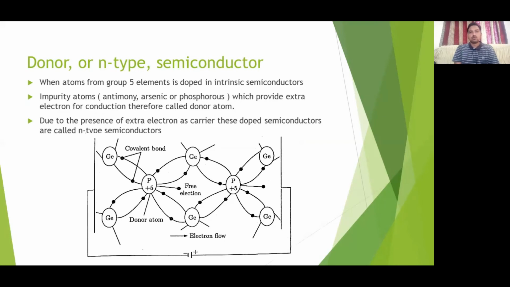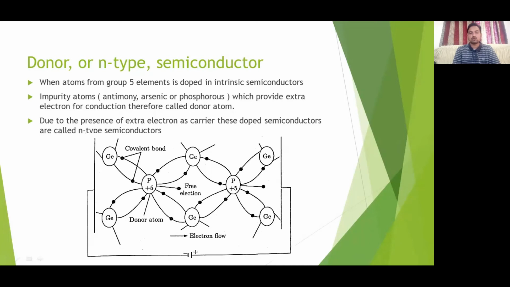First we discuss donors, or N-type semiconductors. This is when an atom of a group 5 element is doped in an intrinsic semiconductor. You know that each intrinsic semiconductor like germanium or silicon has 4 electrons in its outermost shell, and the impurity atom has 5 electrons in its outermost shell.